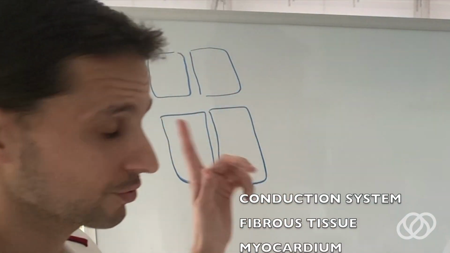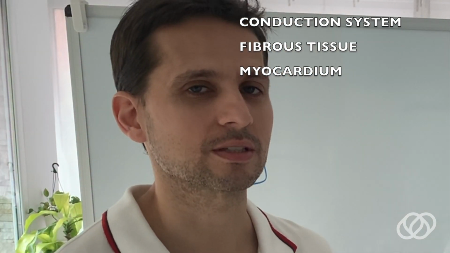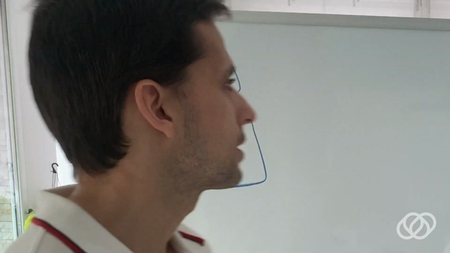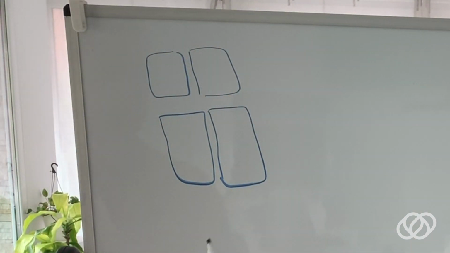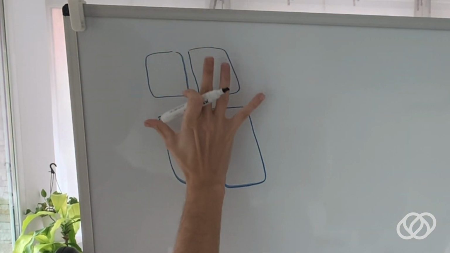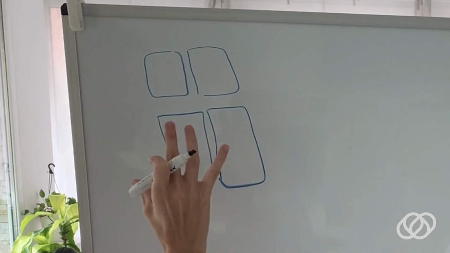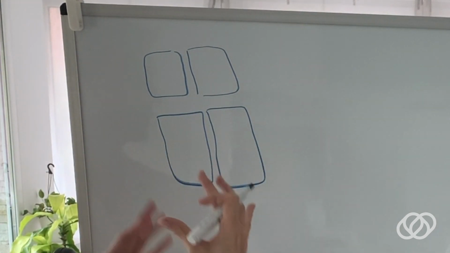We have the conduction system, we have the fibrous tissue, and we have the myocytes, the muscle. So everything begins here with the conduction system, that is the one that conducts the electricity through the whole heart, so that it arrives to the myocytes and then it contracts.